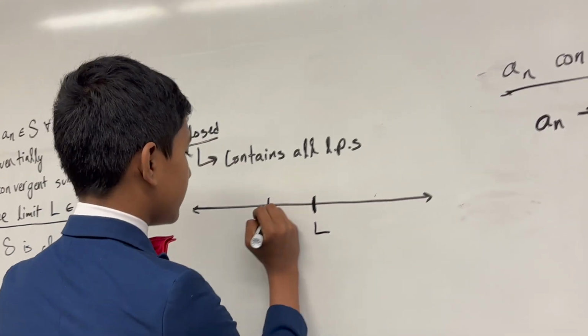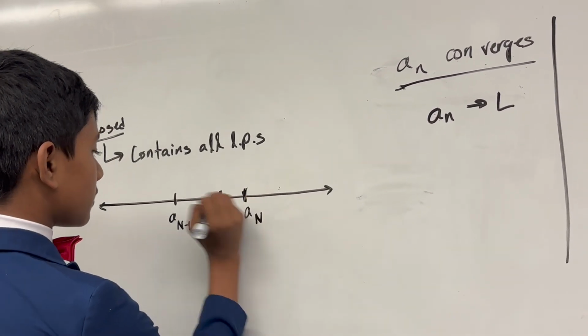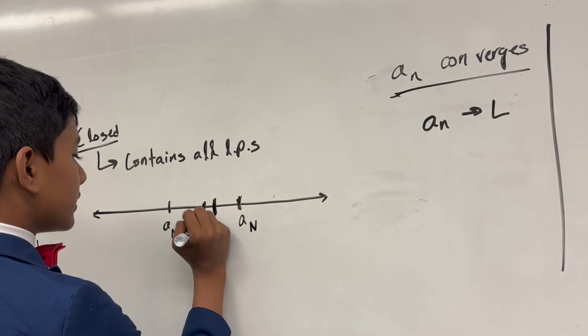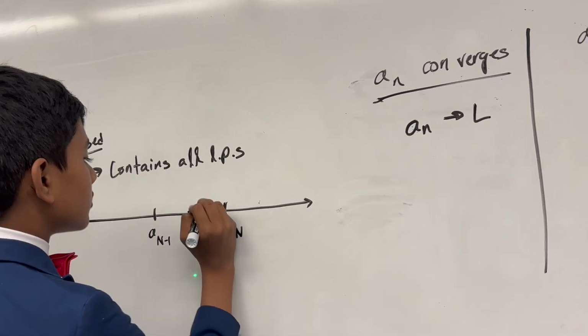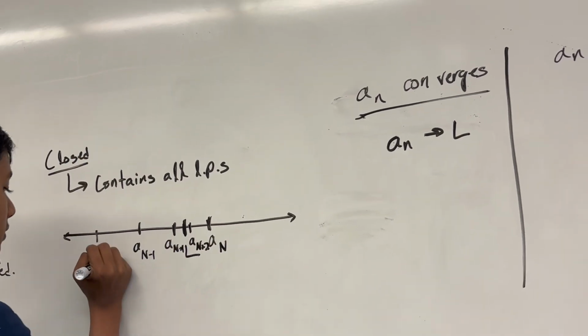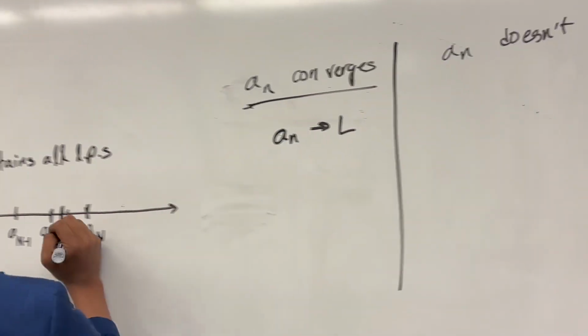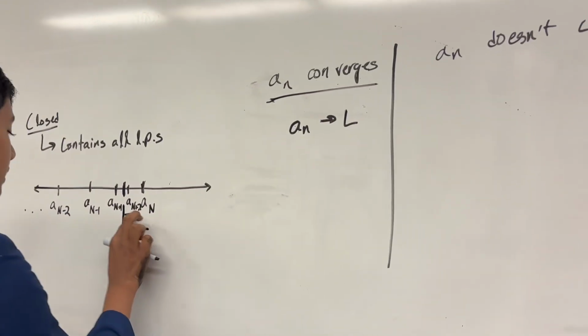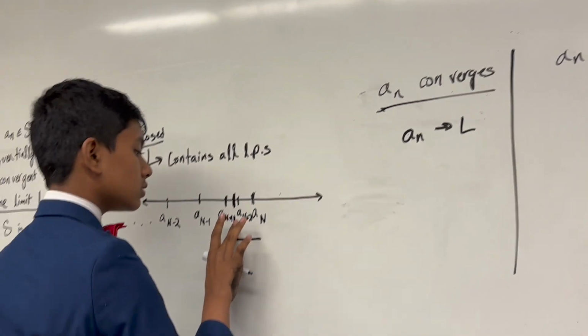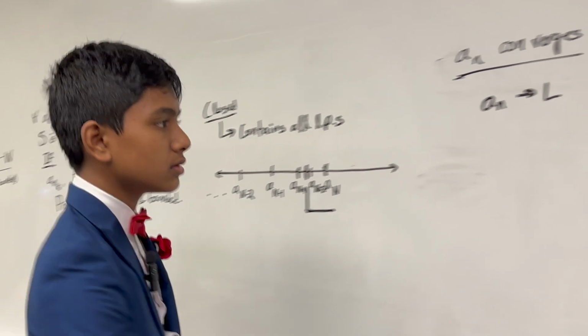So then we have a_n minus 1, some point of no return after which it gets sucked in, plus 1, and plus 2. So, this is the big guy itself, L. So then, L would have to be a limit point.